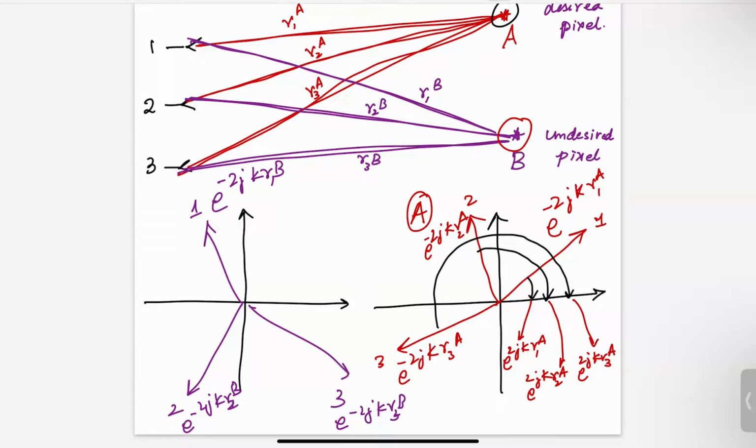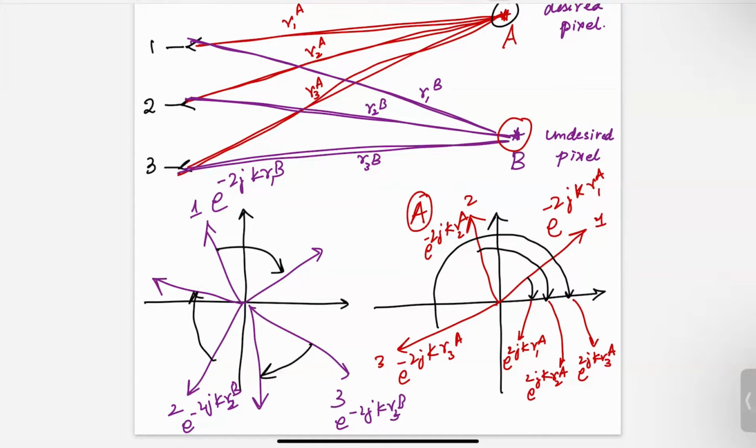But now you're unwrapping each one by not the r1b, r2b, and r3b, but r1a, r2a, and r3a. So this one may come back somewhere here instead of coming back all the way to 0, right? So for argument's sake, let's say this guy comes back here. This guy, the 2, may come back there, and the 3 may come back here.